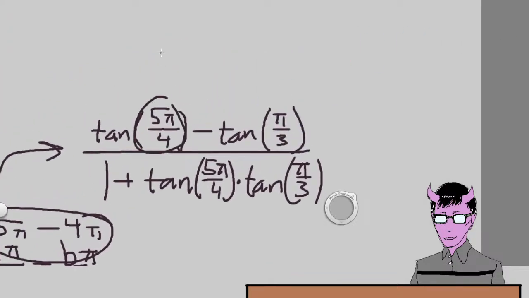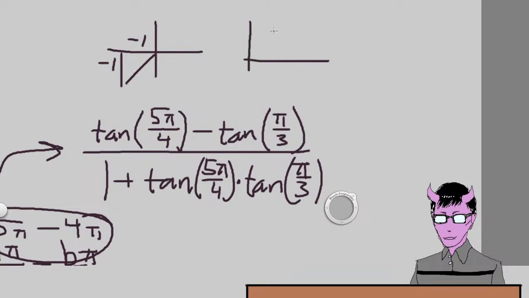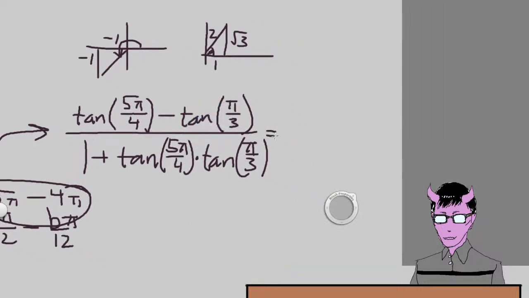So we're referencing what? This is 5. It's 1 bigger than 4, so we're in quadrant 3. It's negative 1 to negative 1. This one is going to be quadrant 1 standard. It's the 3, so it's the 60, so it's the wide angle. So root 3 to 2 to 1. So here we go.